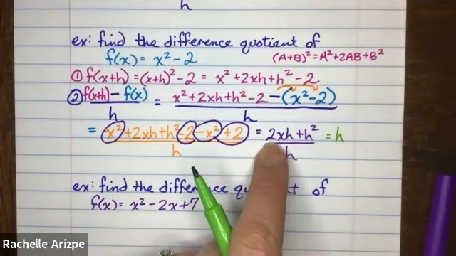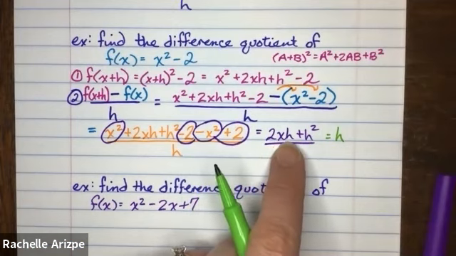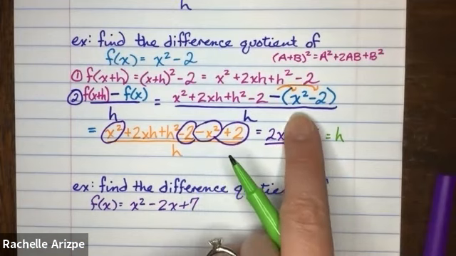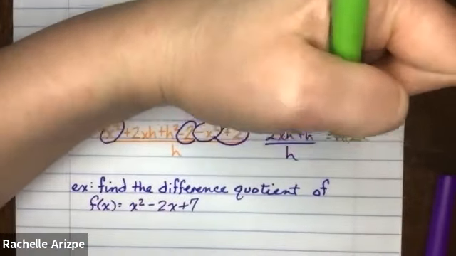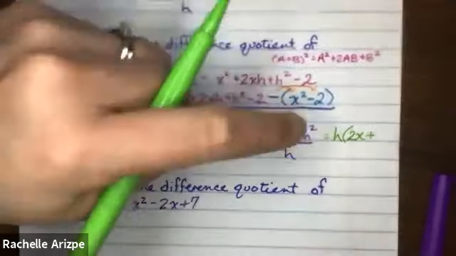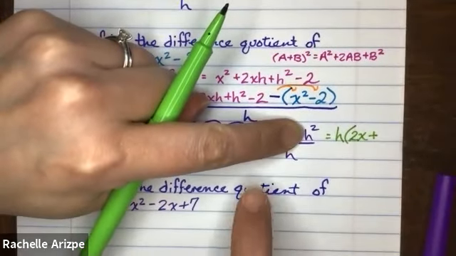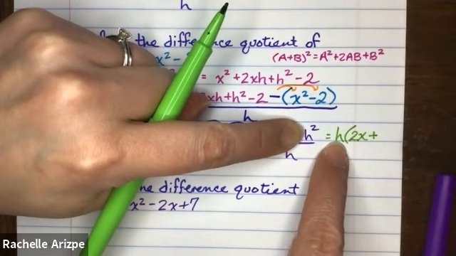And then when I look at 2xh and divide by h, I'm left with 2x. So I'm going to multiply by what's left over, plus h squared divide by h.